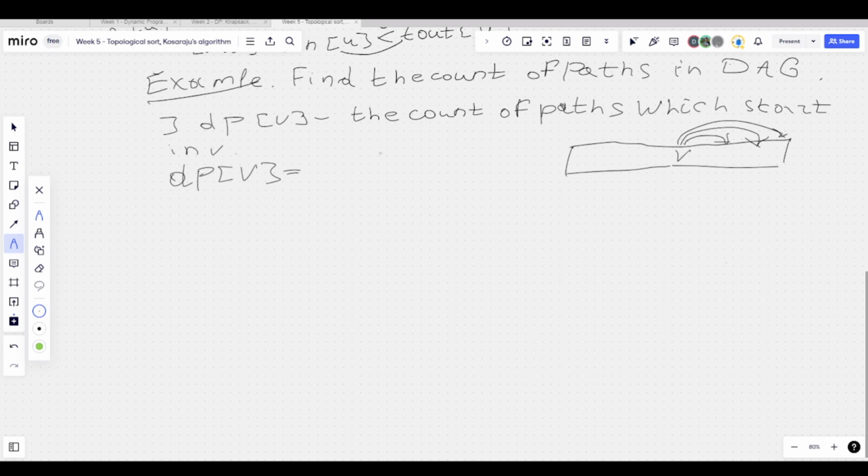It will be the sum of dp[u], where u belongs to the edges, and we just sum the count of paths to all the vertices. That's all.